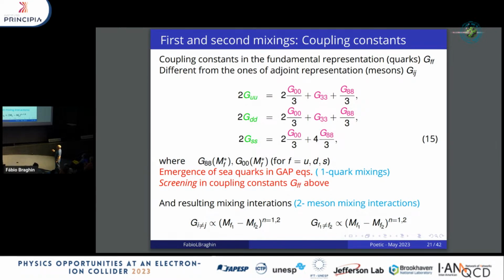So this is the relation when you take into account that mesons are generated in the adjoint representation and quarks are defined in the fundamental representation. So they are not identical. The coupling constants for each of these two different worlds are different. And you see here the up-up-anti-up interaction depends on the G00 that's generated by lambda zero, the generator of this singlet part, and also by G88.